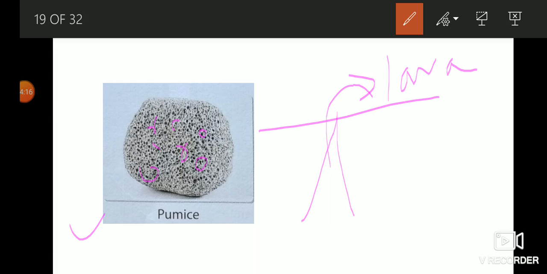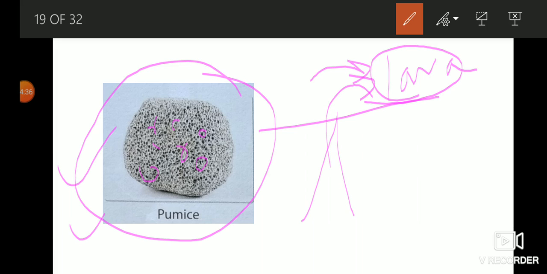So pumice rock is also igneous rock. During the time of cooling of the lava, if some air particles are trapped within the lava, that will convert into pumice kind of rock. So these holes or pores are found on pumice rock because of the air particles trapped during the formation of this kind of igneous rock.